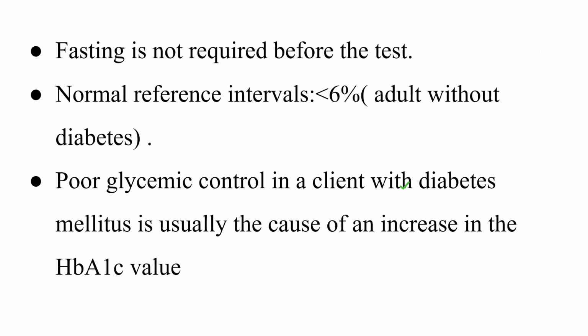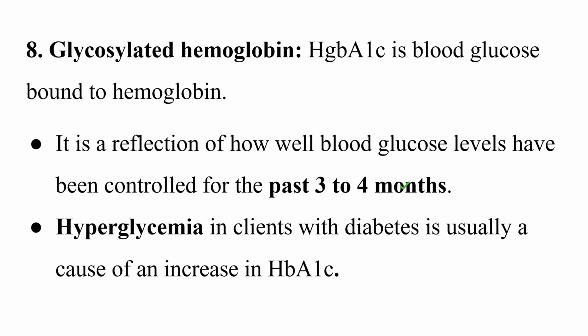The normal reference range is less than 6% for adults without diabetes. Recall that this glycosylated hemoglobin test shows how glucose is bound to hemoglobin. It is not an immediate test to know if a sugar level is high, because it takes 3 to 4 months to know how well someone's sugar is being controlled.